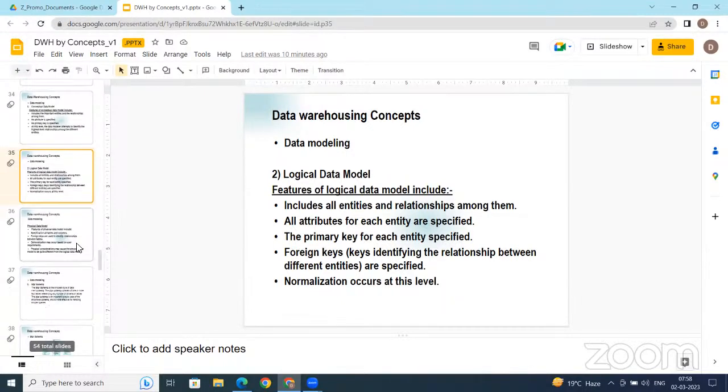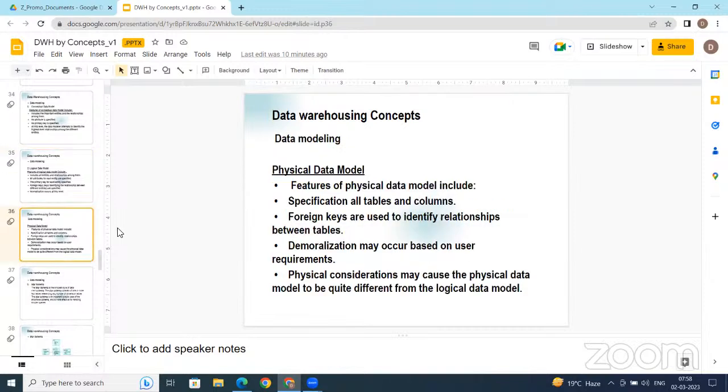Once the LDM documents are done, we need to create the physical tables in the respective environment. Here we have to create the column names, and there will be some criteria. The length of the column name should not exceed 32.